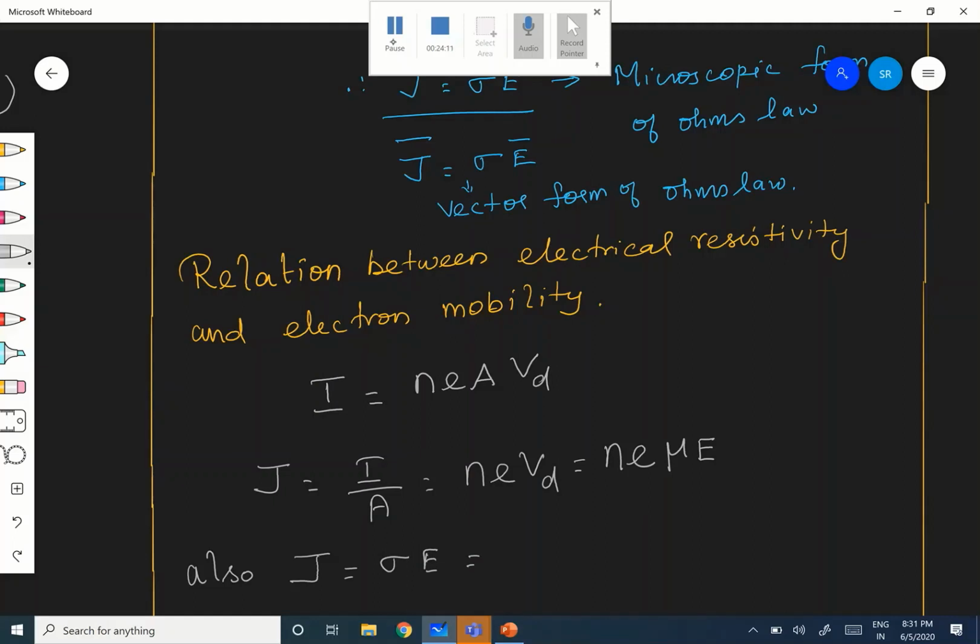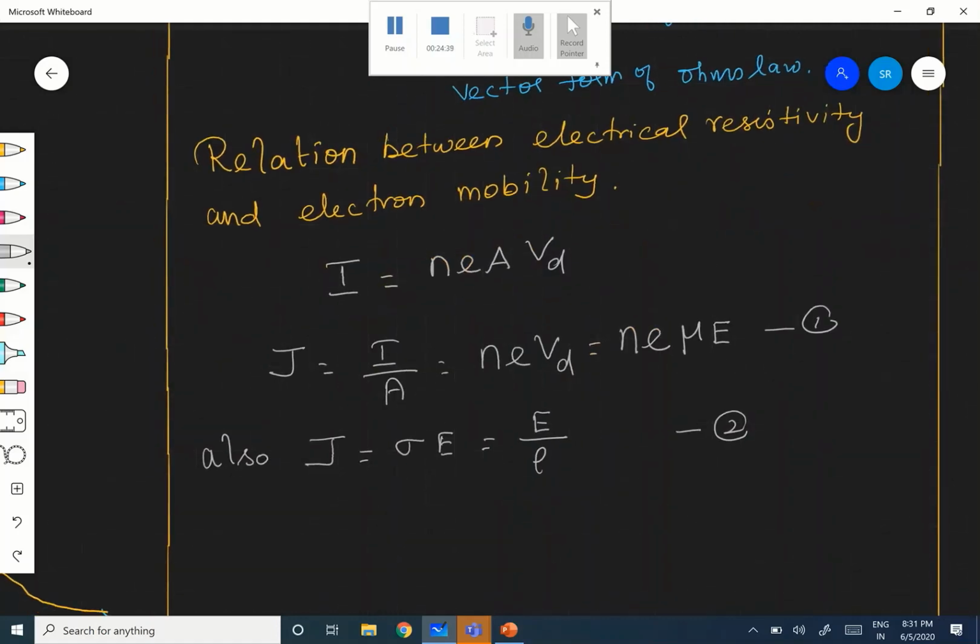That is nothing but E by rho. Because I want to bring it in the form of resistivity. Right? Therefore, this is 1 and this is 2. Both are the same, both are current densities only.